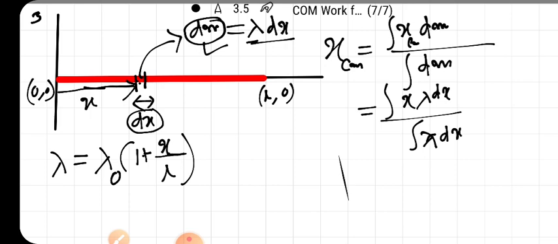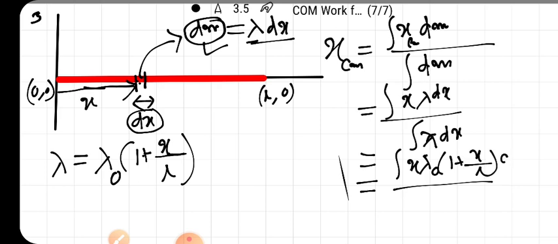Lambda is not constant, it is variable, so lambda cannot be taken outside the integration. So we write x into lambda naught into 1 plus x by L dx, divided by lambda naught into 1 plus x by L dx.